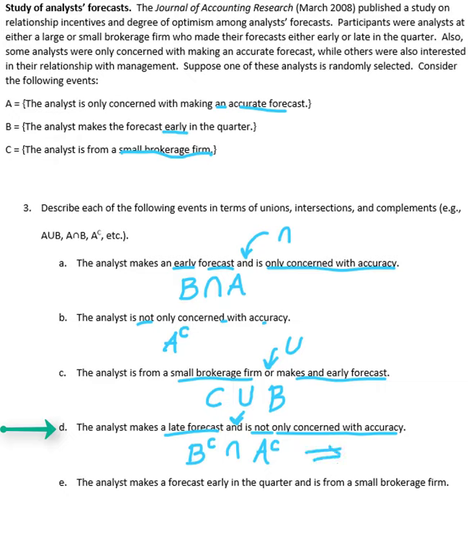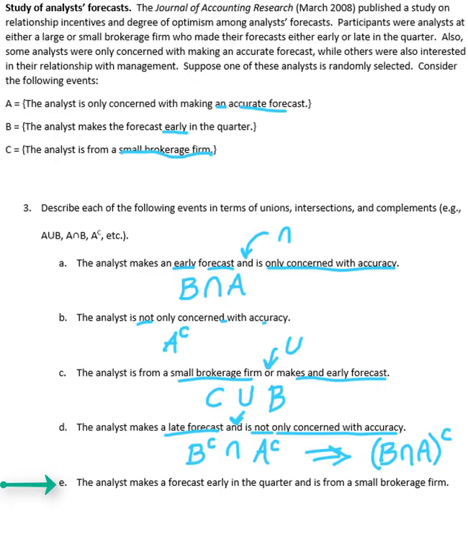Another way that we could write this same thing would be to take B intersect A and write the complement of that event, and you will end up with the same answer. So you have two different ways to write this same statement. Finally, in part E, the analyst makes a forecast early in the quarter and is from a small brokerage firm.